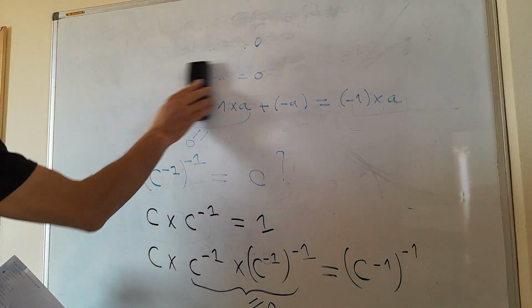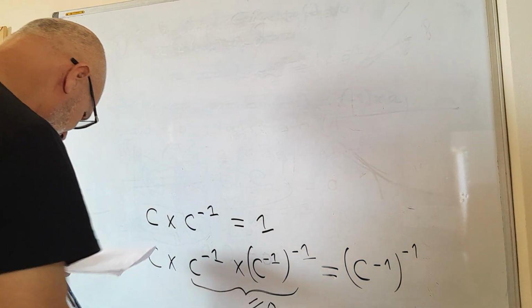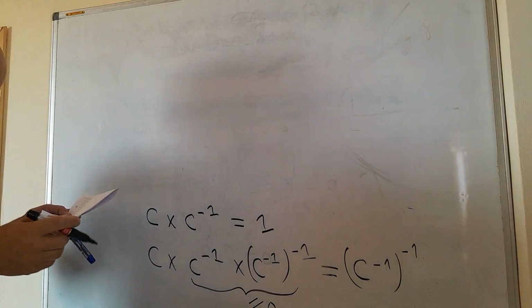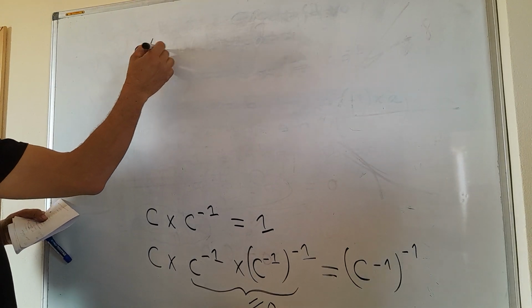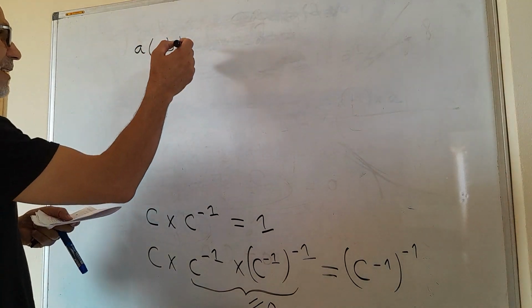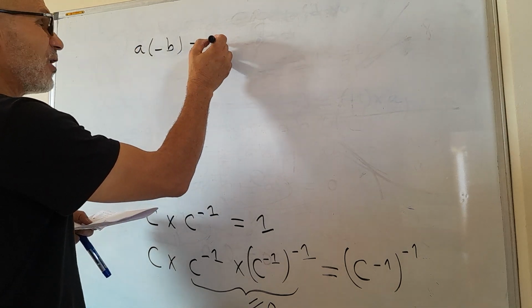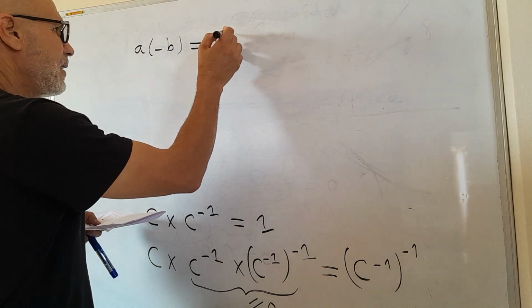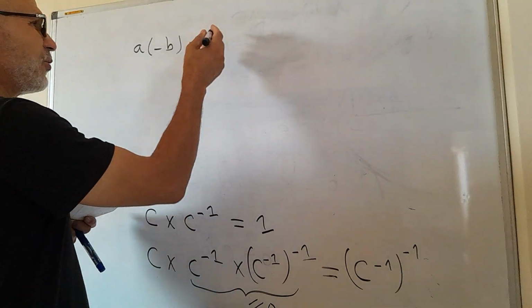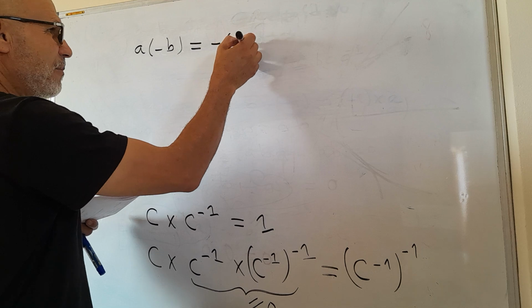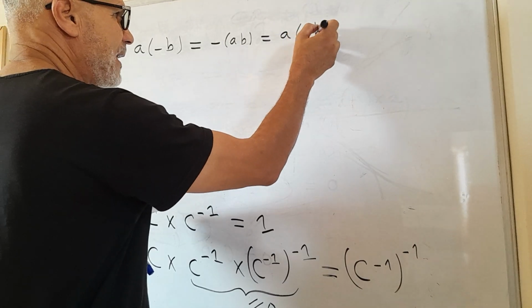For the next question, we wish to prove that for all a and b from R, minus a times b is equal to minus ab, and this is equal to a times minus b.